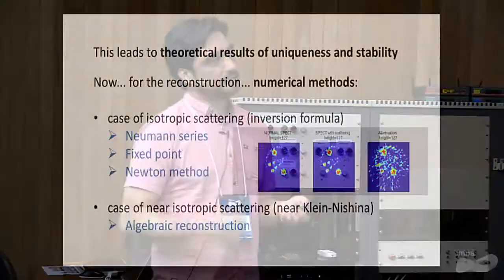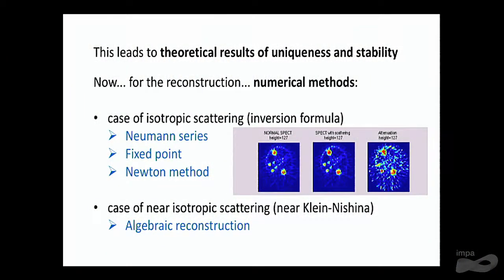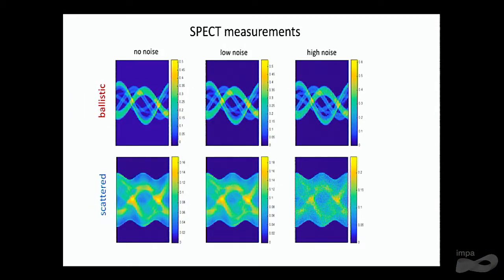You compute all the operators as a big matrix, and you try to invert this matrix by some numerical methods. It's expensive in time and in memory, but it's the only way to do it.